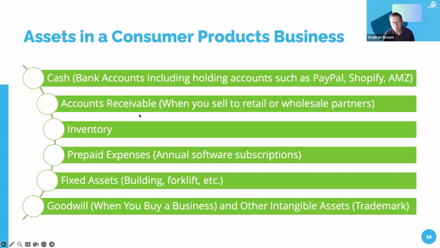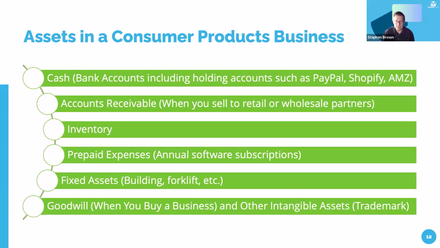Accounts receivable is less common in a consumer products business, but if you're selling to retail or wholesale partners, you're more likely invoicing them and potentially have accounts receivable. One of the biggest things on the asset part of the balance sheet is inventory. Ideally, it's just the perfect size, Goldilocks, easier said than done. Sometimes if you're buying things in advance, a good example would be annual software subscriptions, you might be tracking those as prepaid expenses that you want to expense onto the profit and loss over time.